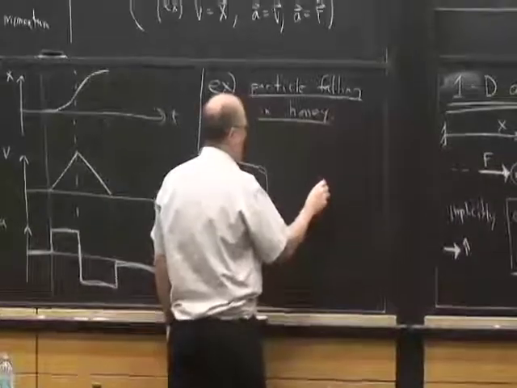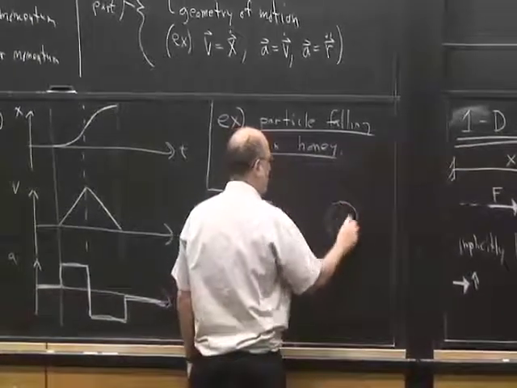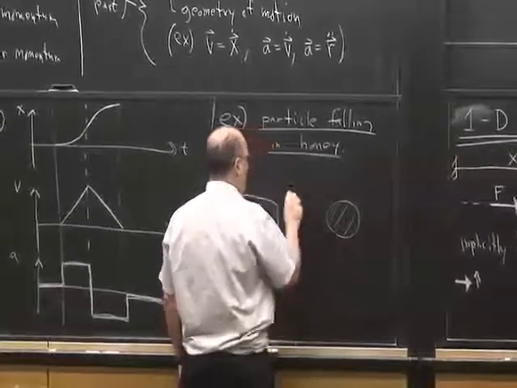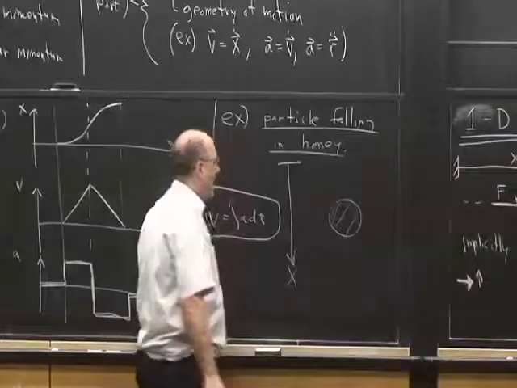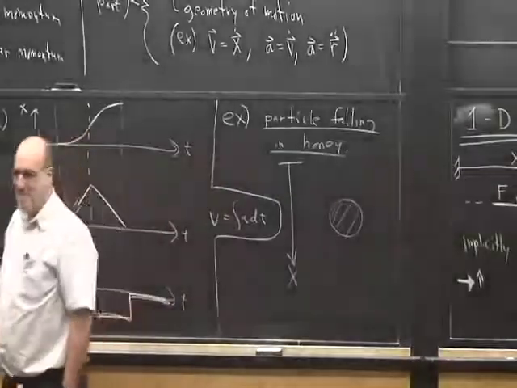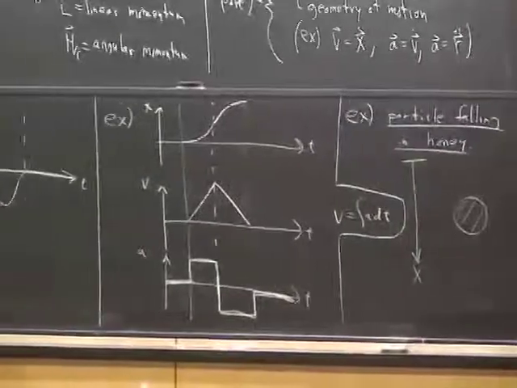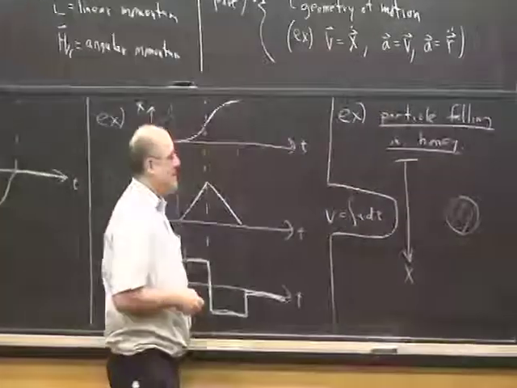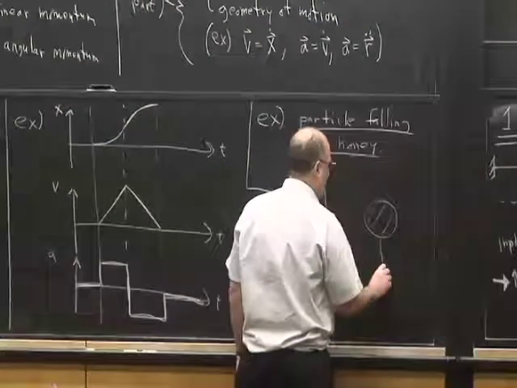So we draw a picture of our particle, and we pick a coordinate direction. It's easiest if we just call x positive down, and associated with that is that force is positive down and so on. So we need to pay attention to that when we go to write equations.